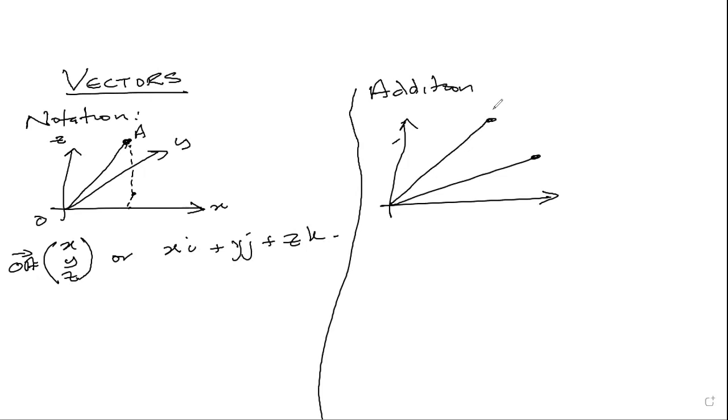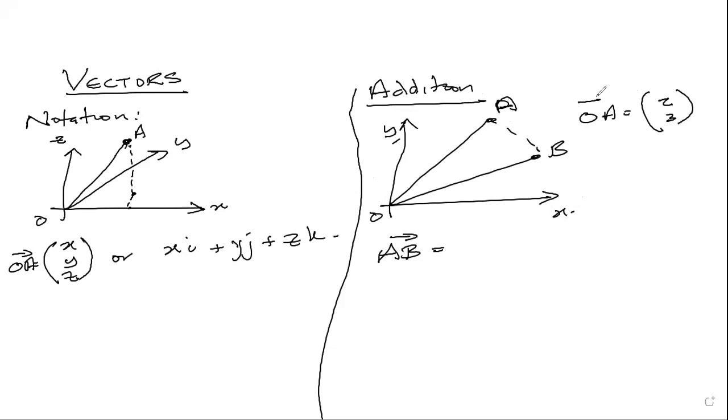So if I'm going from A to B, and let us say that OA is 2, 3, and O to B is 3, 4.